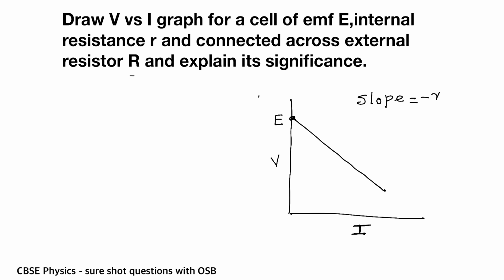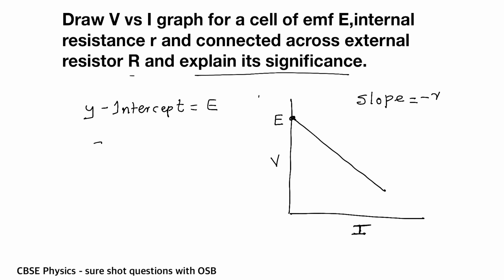What is the significance of this graph? From the y-intercept of the graph, that is this point, you will get the EMF of the cell, right? EMF is the maximum voltage of the cell, when no current flows through the cell. Correct.